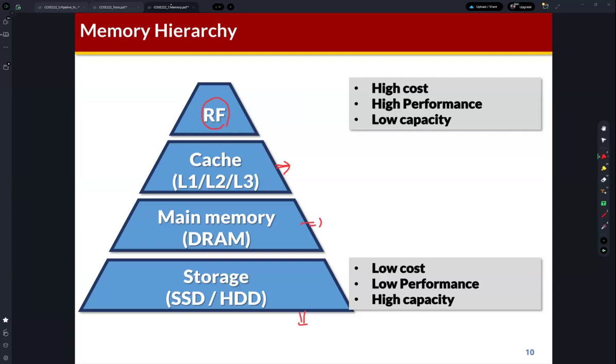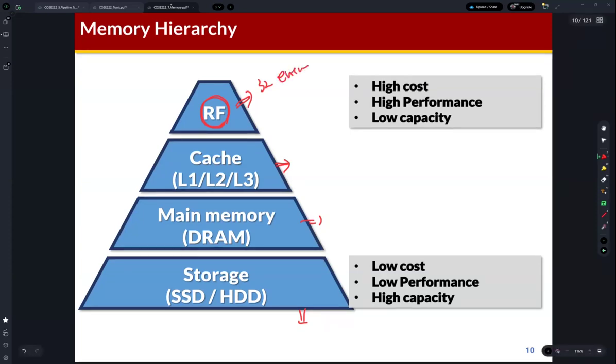So we already know about the register file. What are the unique characteristics of the register file? I mentioned that there are only 32 entries or 32 elements in the register file, which means it's very, very small.